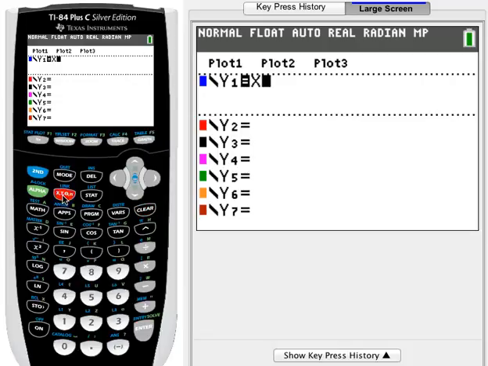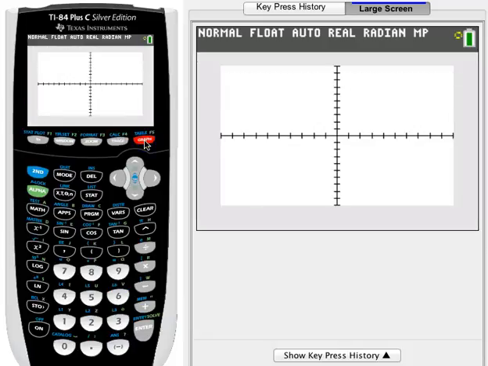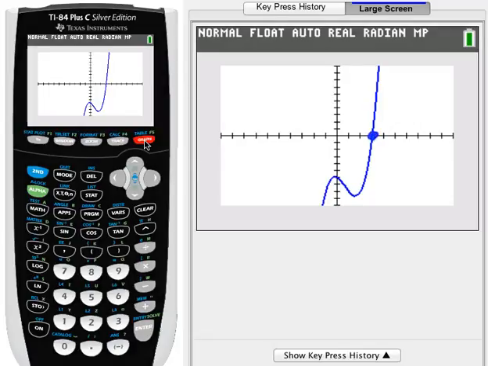So x cubed minus 2x squared minus x minus 6. All right, so here I'm seeing one real solution, okay? And that solution is at the number 3.